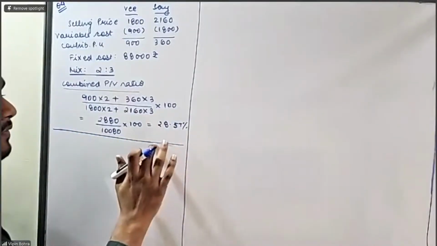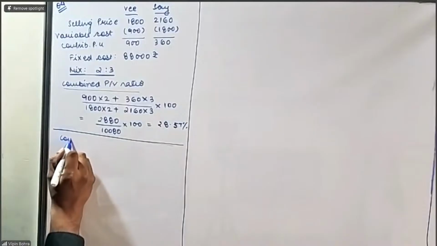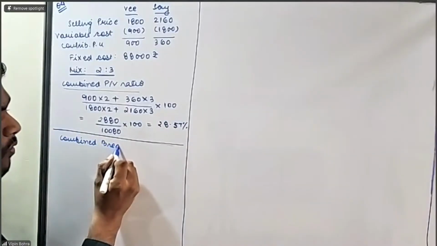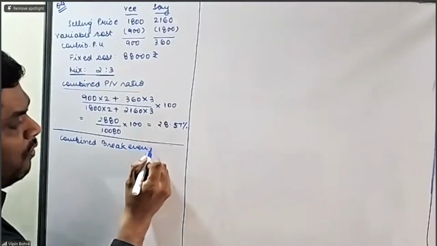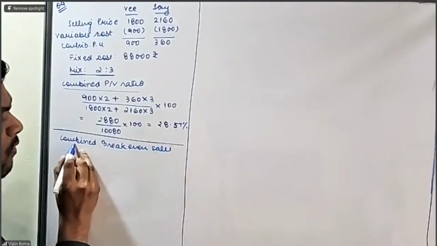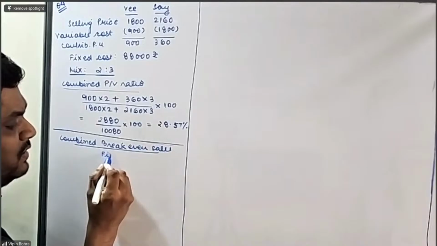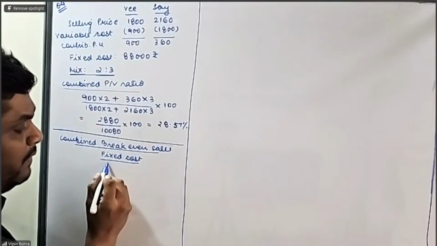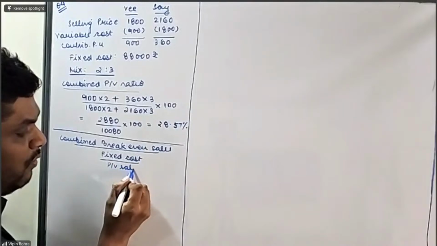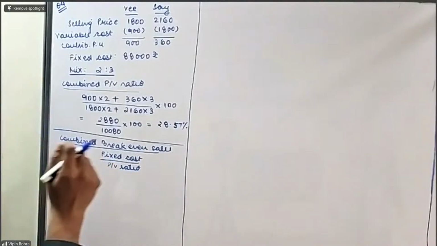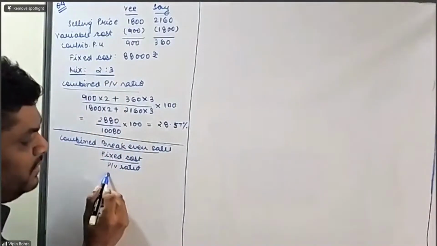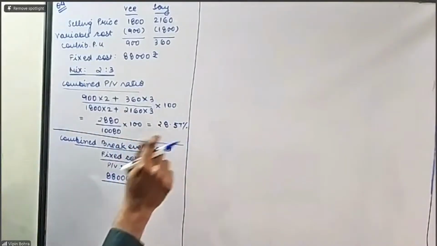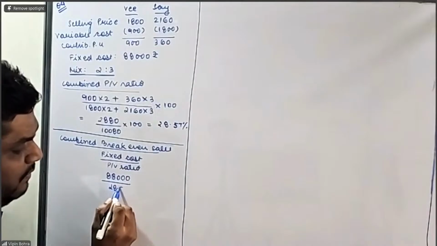Next, what we will calculate is my combined break-even sales. It is fixed cost divided by PV ratio. Fixed cost is 88,000 divided by my PV ratio, 28.57%.